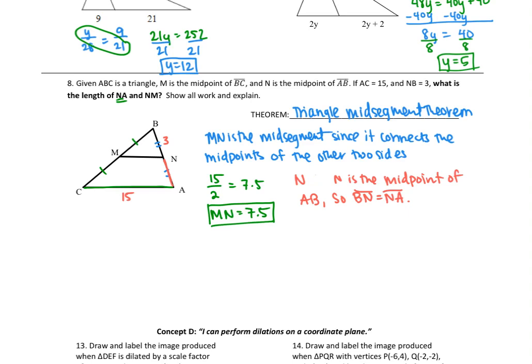Sorry, this should say NA. So in terms of explanation, this one you do have to explain a little bit more. You have to explain why you know that MN is the midsegment. And then you do need to explain how you know that NA is equal to 3, since there's no work to be shown there.